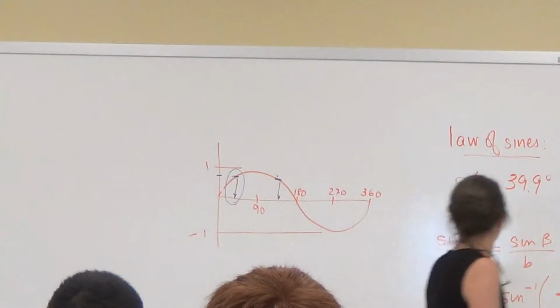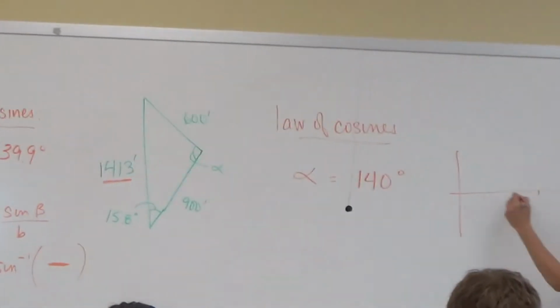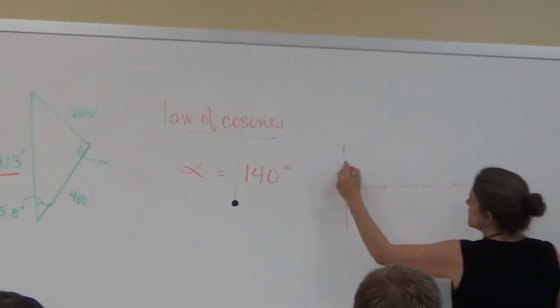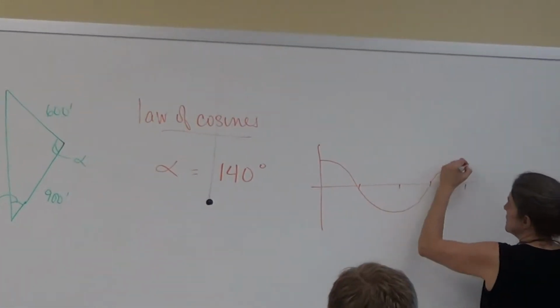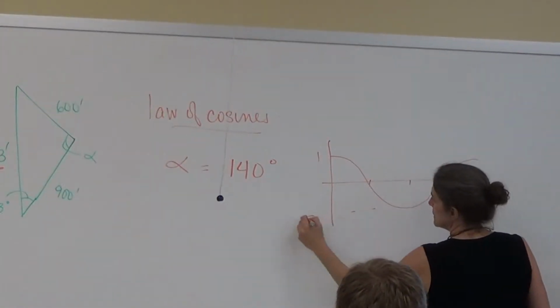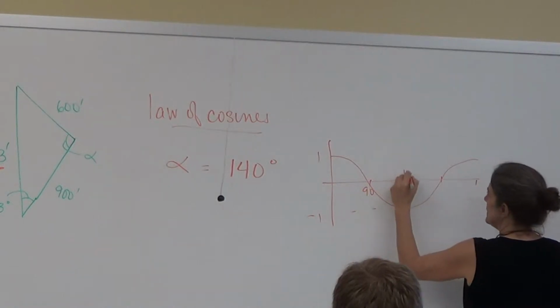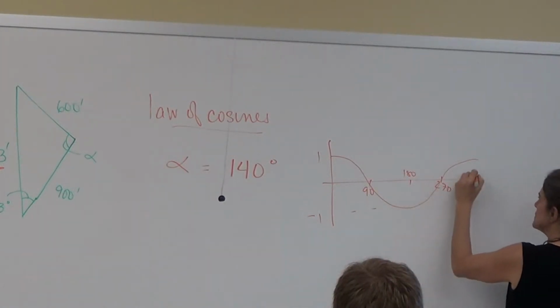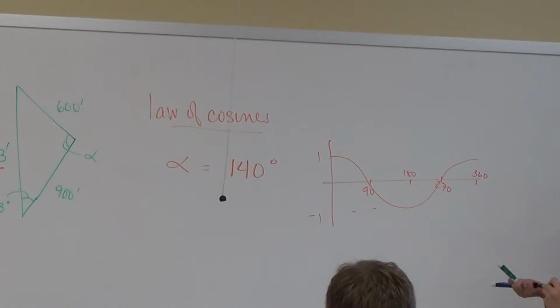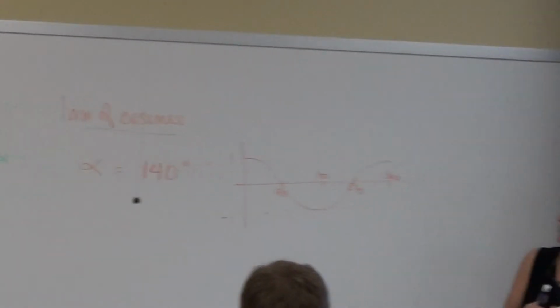Now in the cosine function, the calculator's also going to spit out the smaller number.